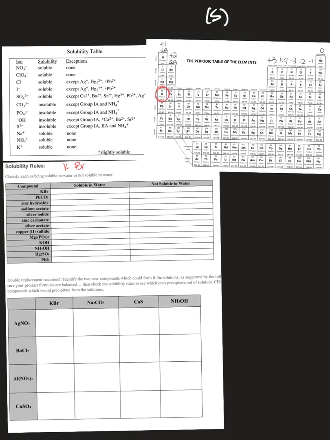Potassium is in group 1, also called group 1A, which is just another name for group 1. Bromine is in group 17 and has a charge of -1. So let's assign our charges: potassium gets a +1, and bromine gets a -1.